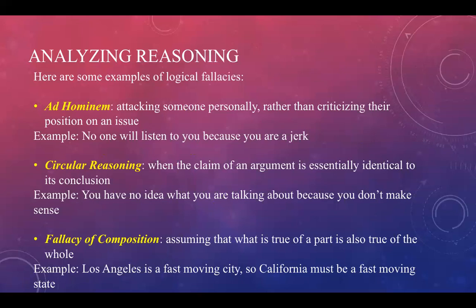Because there's a small group of people of Muslim faith that are doing or committing these horrendous crimes in various parts of the world. Well, if that's what's happening with those people, then all Muslims must be bad. Well, that's not true, but it's perpetuating that racism and segregation of people. That's the fallacy of composition, where you look at a small piece and you paint everybody with the same brush.